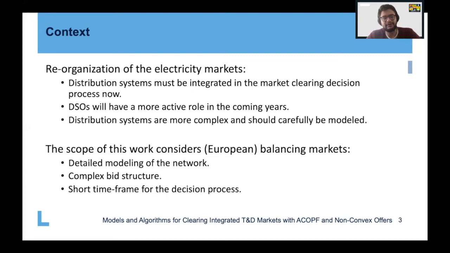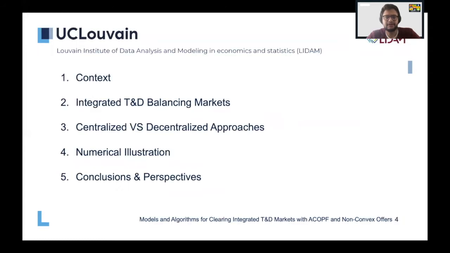And the scope of our work considers European balancing markets, and we will have a detailed modeling of the network. We will allow for a complex bid structure on the market, and also we are limited in time since we are considering balancing markets. So now that I provided a bit of context, I'll explain what type of integrated TNG balancing markets problem we are solving.